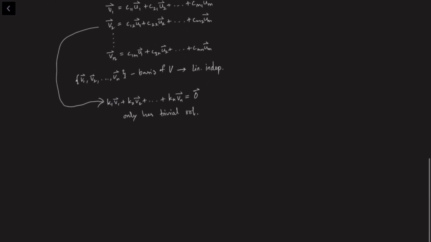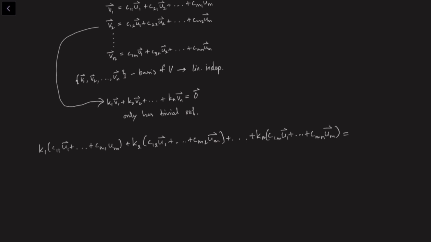What we'll have here is k1 times v1 will be c11 u1 plus up to cm1 um, plus k2 times c12 u1 plus up to cm2 um, and we'll have kn times c1n u1 up to cmn um. That should be equal to 0.